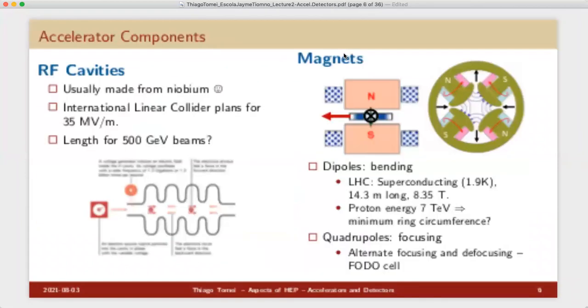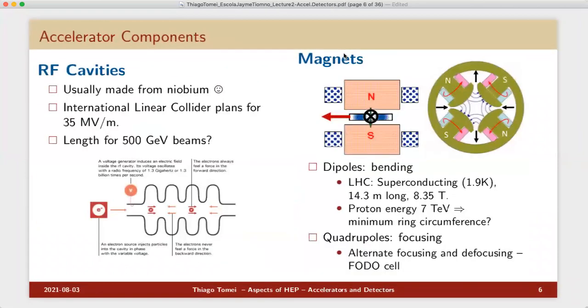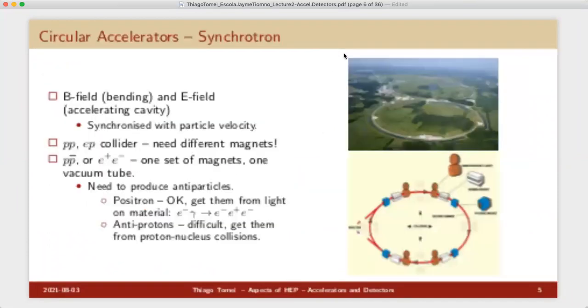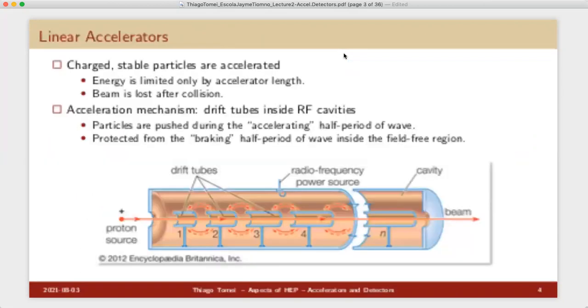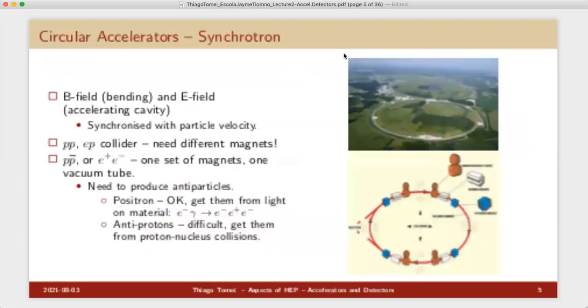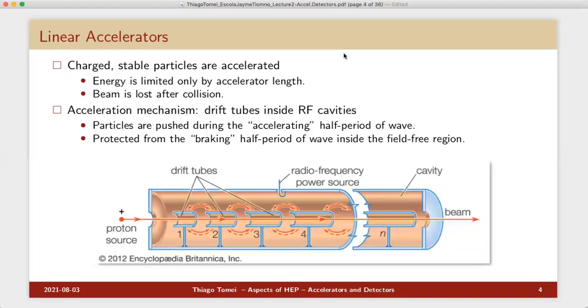Could you go to the slide previous to this, where we see the length of the path of the beam? The drift tubes. Ah, okay, yes, I remember now.